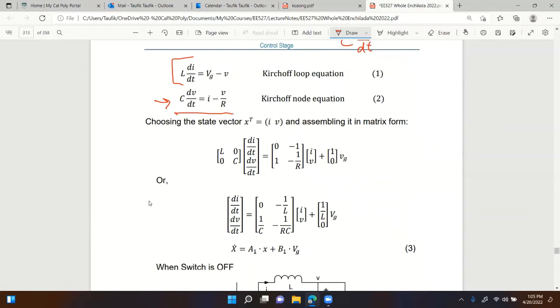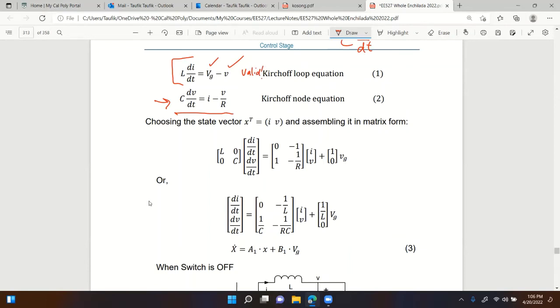Now, are these valid state space equations? Let's check. Other than having to divide both sides by L and by C, let's just check the right-hand side. That's our input, so that's good. That's our state variable, that's good. So this is a valid state space equation.